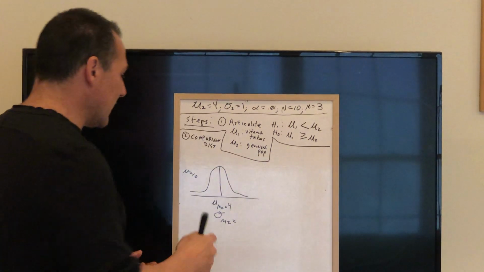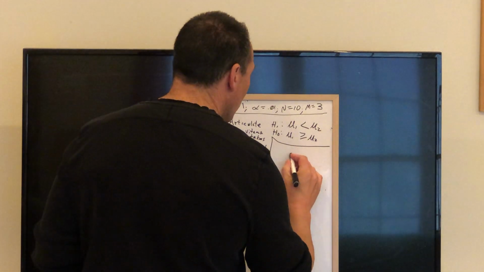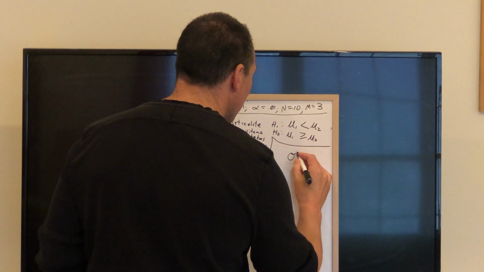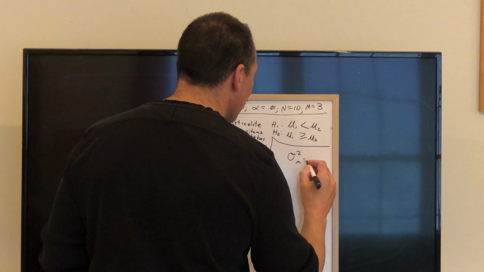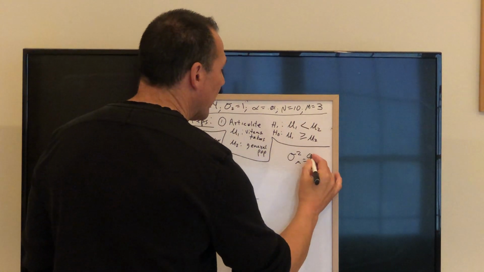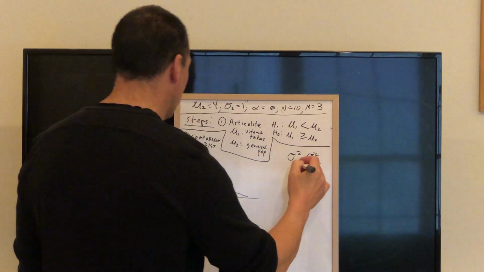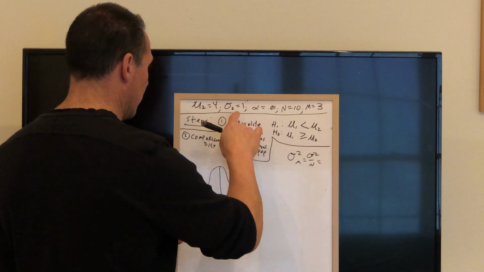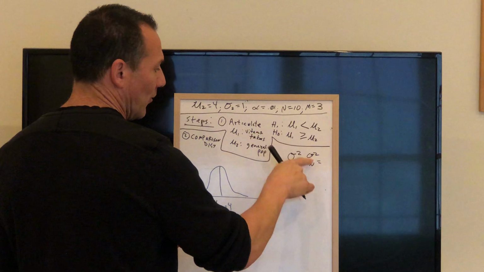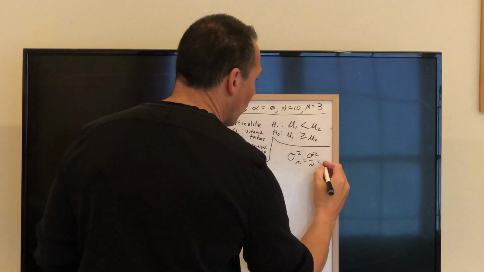So you remember, to get sigma sub m, we're going to get sigma squared sub m, which equals sigma squared over N, which equals 1 squared over 10, which is 0.10.